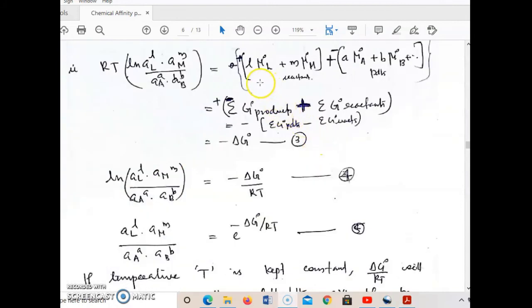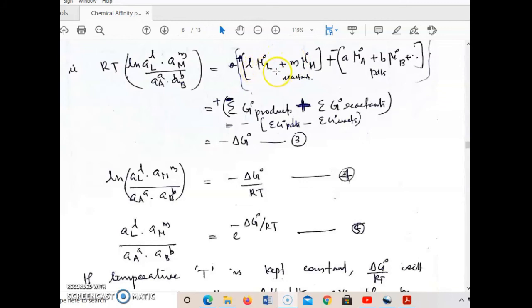Please note there is a correction. This term is negative. This corresponds to the products, L mu 0 L plus M mu 0 M. These terms correspond to that of the products, and this is negative. And this corresponds to that of the reactants, and this is positive. Okay, so there's a sign interchange. Please make corrections in your notes also.